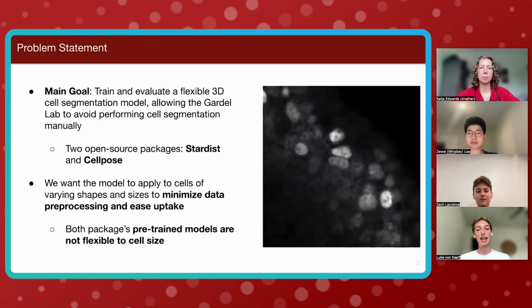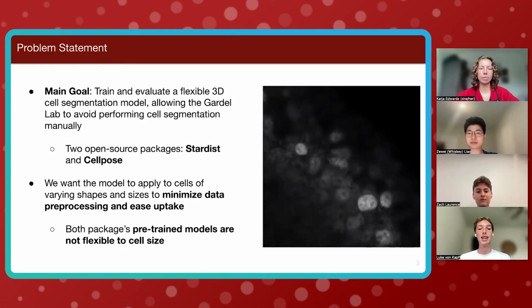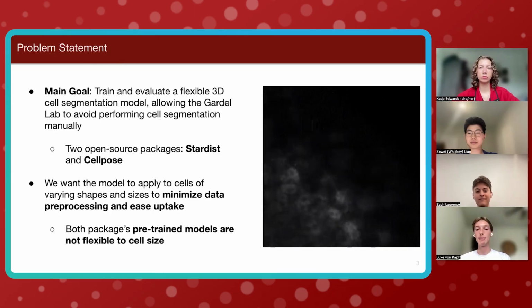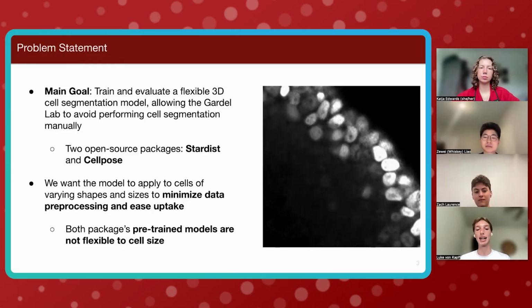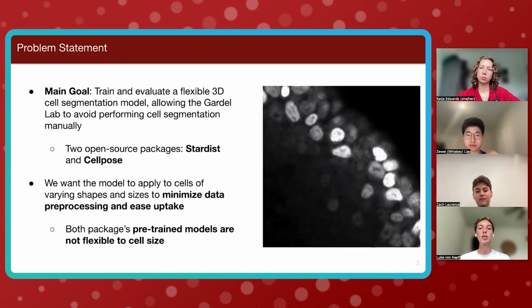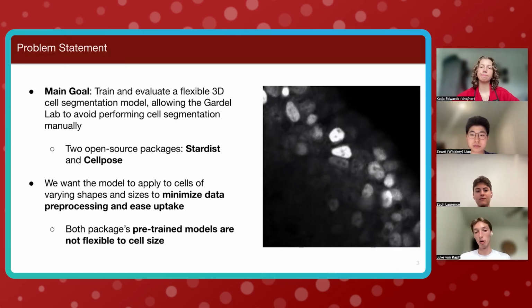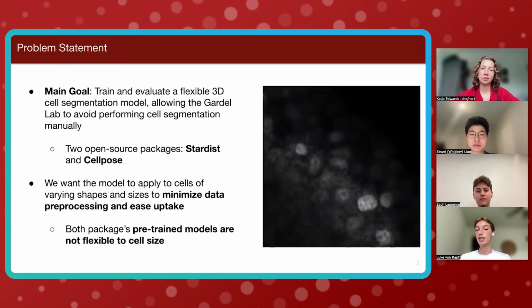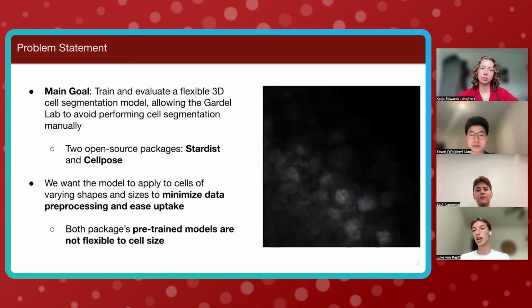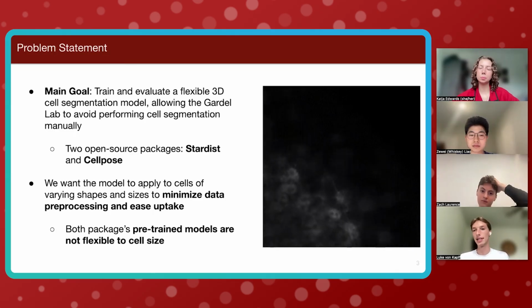Each of those packages, StarDist and CellPose, does have an existing pre-trained model, but these are not flexible enough for the wide range of cell sizes that exist in the Gardel Lab's data or in possible newly collected data, which is what motivates us to train our own more robust model. So hopefully this work will make it easier for researchers to segment new image data regardless of the size of cells in those images.